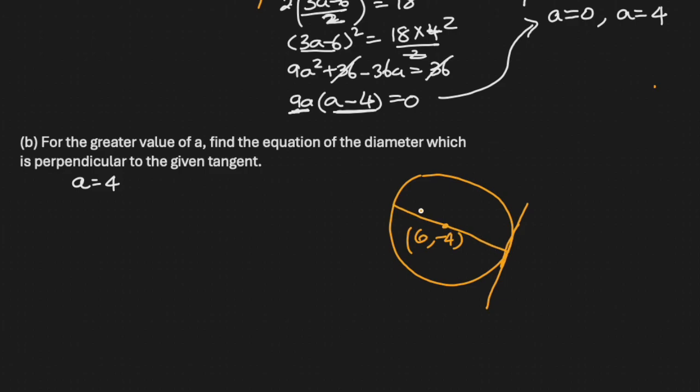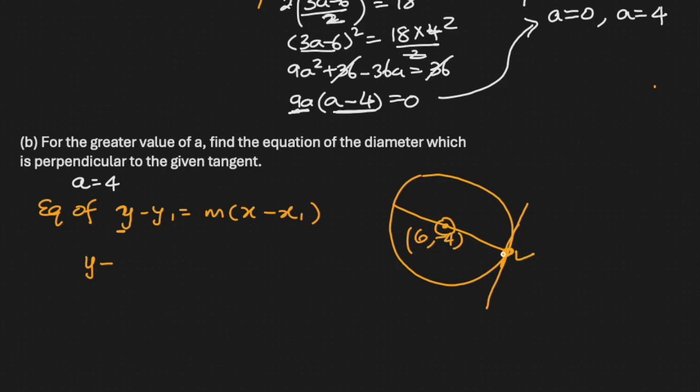Okay, this diameter. So the equation of any line, be it a diameter or something, is y minus y1 equal to m times x minus x1, right? Y is general y, so y remains y, but y1 and x1 are the coordinates of any point on the line, and we know this point as well as m, n now, this point also.